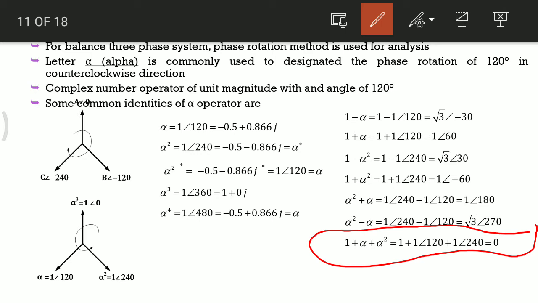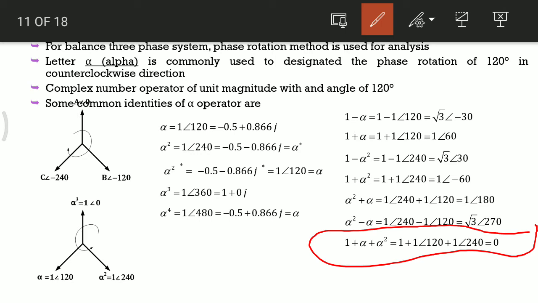Whenever we go through unsymmetrical fault calculation, at that time we need this alpha operator to convert the unbalanced voltage and current into balanced voltage and current. So whenever you require converting an unbalanced quantity into a balanced quantity, the alpha operator will help you out.